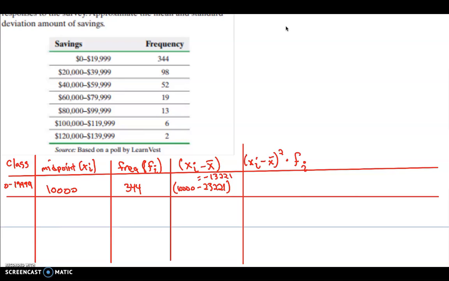Okay, so then the next class was from 20,000 to 39,999. The midpoint there was 30,000, and then we had a frequency of 98. So you take 30,000 minus the mean, 23,221. Okay, and that got us to 6,779.